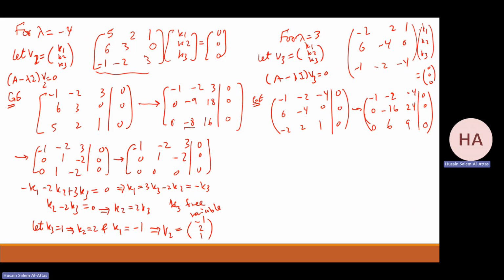That will be 24. Multiply by minus 2 and add. That will be 0. By minus 2 and add. Yeah, I think everything is correct.